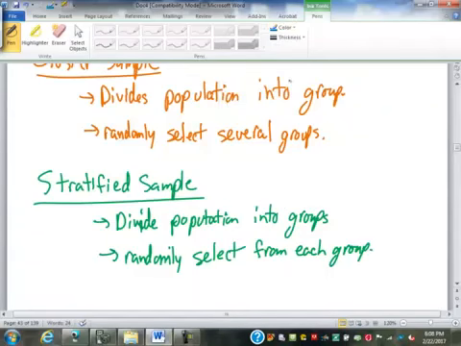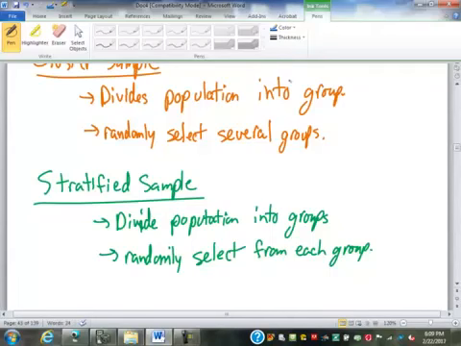For example, if I want to do an employee satisfaction survey for a manufacturer, I am going to divide my facility into departments. And I'm going to randomly select a certain number of people from each department. Now, for this to be valid, for a bigger department, you have to select more people from it. If Department A is twice as big as Department B, you have to select twice as many from that department as the smaller one. But what that means is still every person in that facility has equal chance of being chosen. But it's not possible to choose a sample that selects everybody from one department.